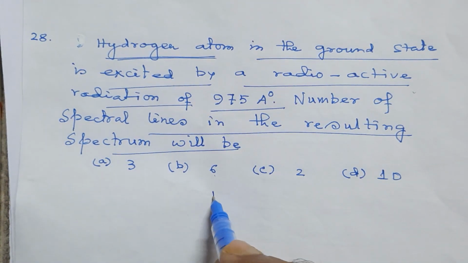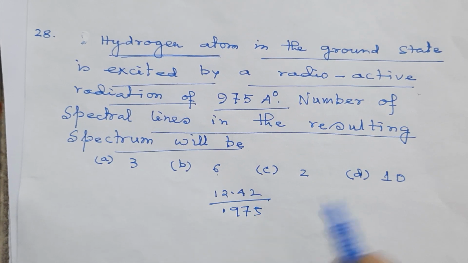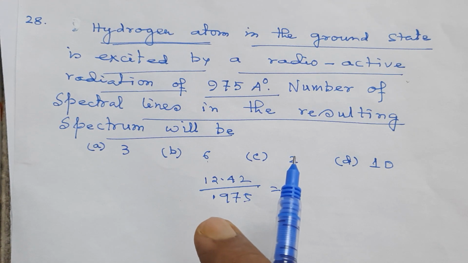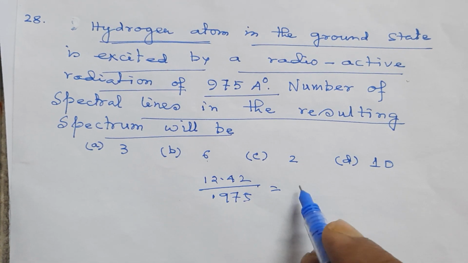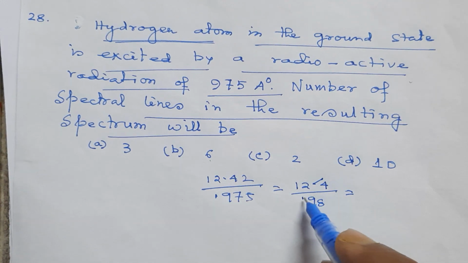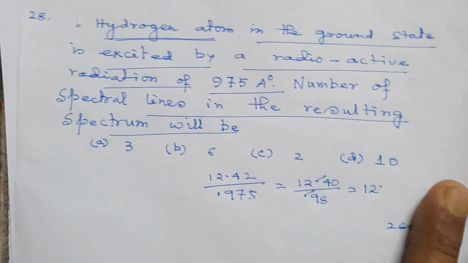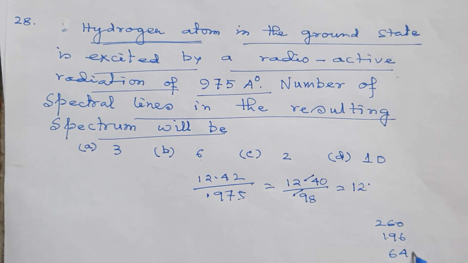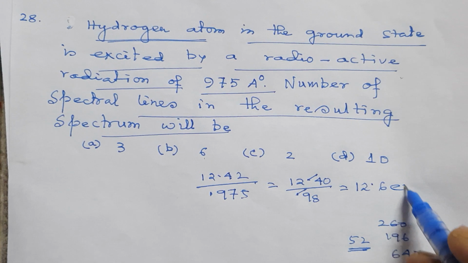So the energy incident is 12.42 by 0.975, which equals nearly 12.6 eV.